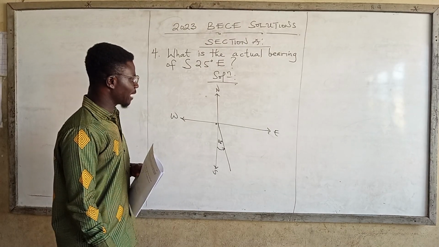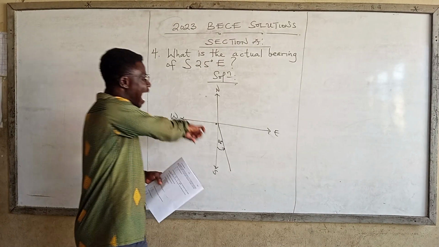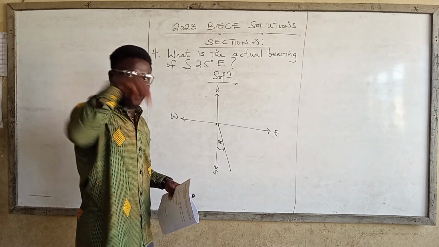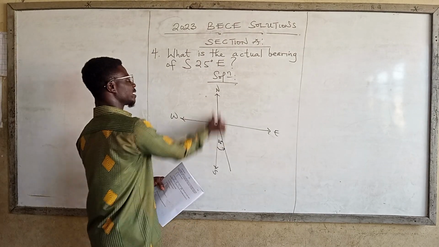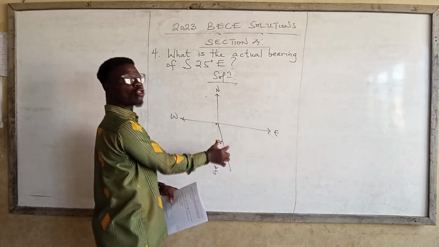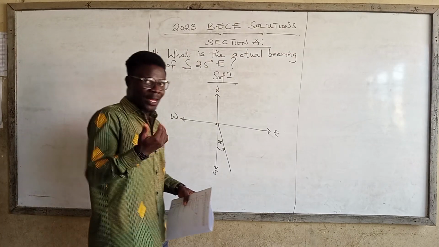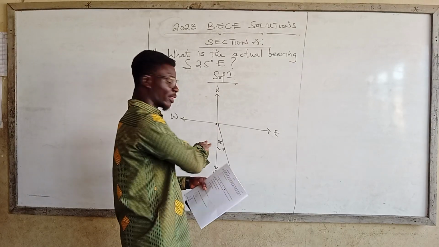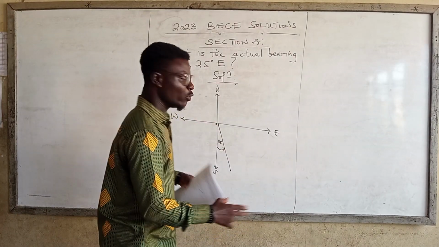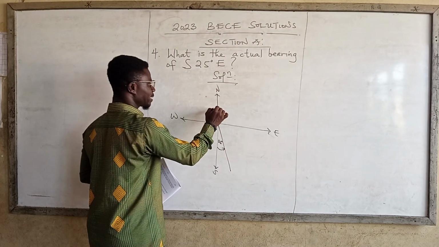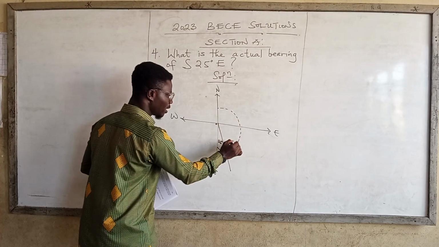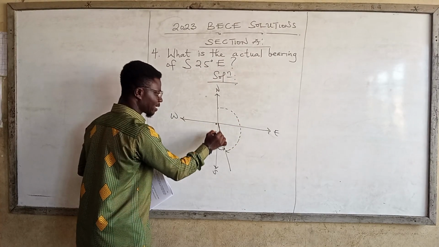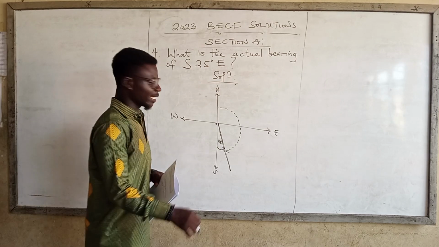So this time around, we want the actual bearing, the three-figure bearing. With the compass bearing, we use the north pole and the south pole. With the three-figure, we use only the north pole. So we start from the north pole till it reaches this path, then it stops.